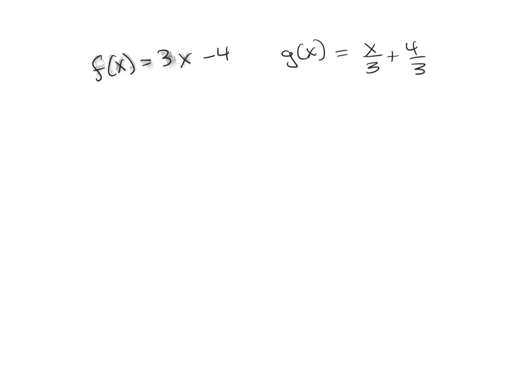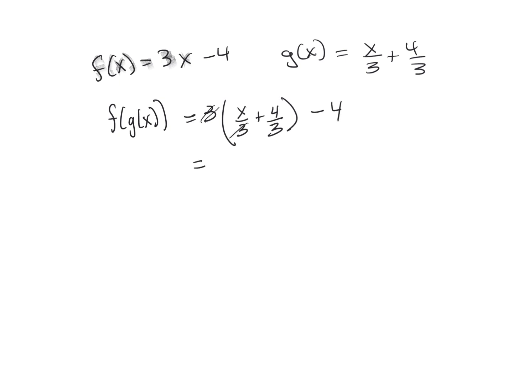And they want to show that these are inverses. The way that you do that is you take f of g of x, and when you plug them together, you better get just x out. So let's find out. F of g of x, which is that, distribute this in, that cancels with that, cancels with that. And that gives me just x left.